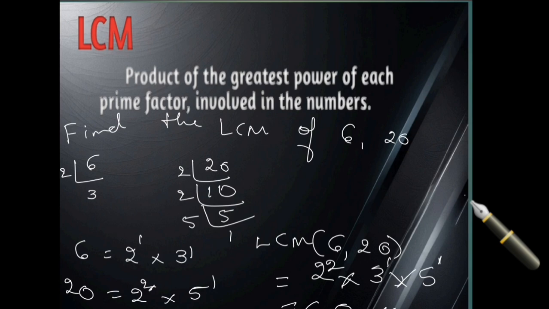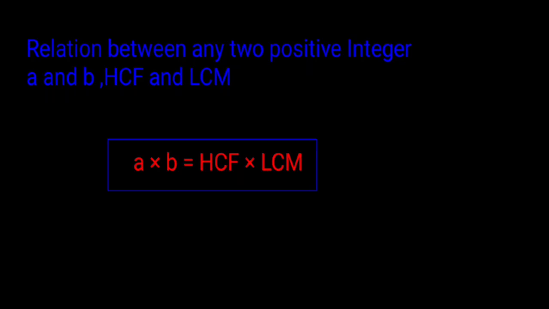Then we have to take the greatest power of each prime factor. Then we can solve those multiples. That is the LCM of the given numbers. Okay, let us see the next one.